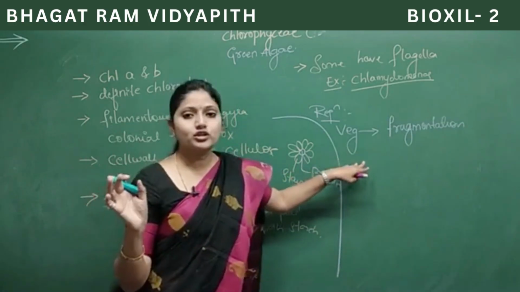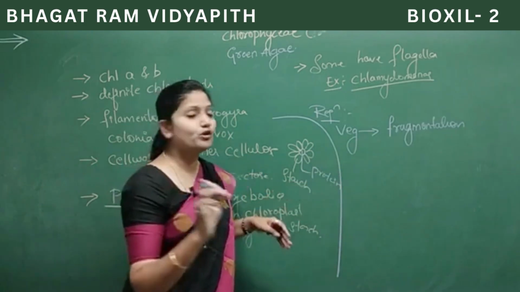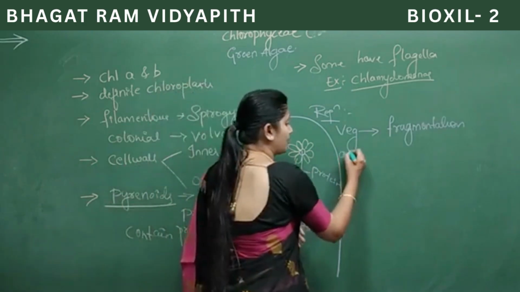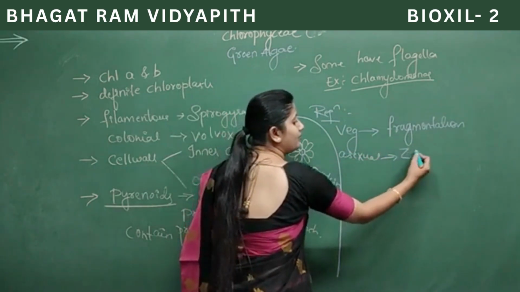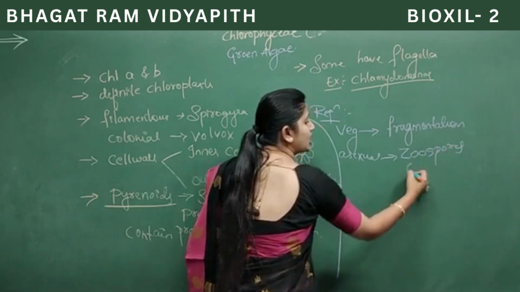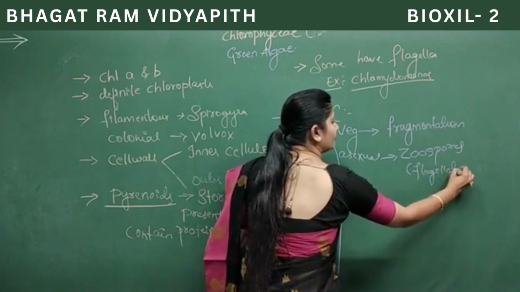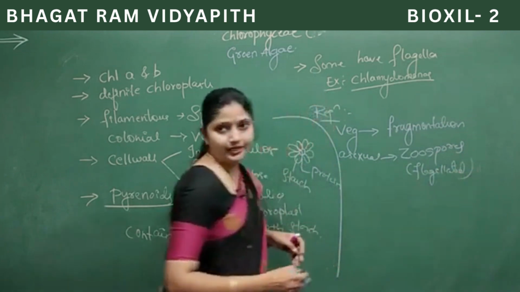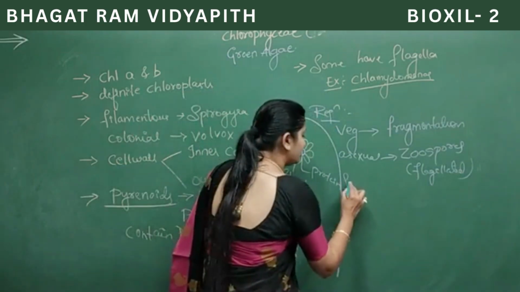Asexual reproduction is mainly by zoospores, and the zoospores are flagellated spores. Then moving on to the sexual mode of reproduction.